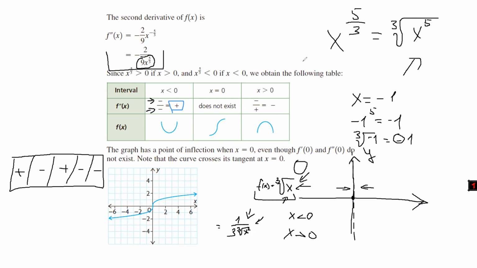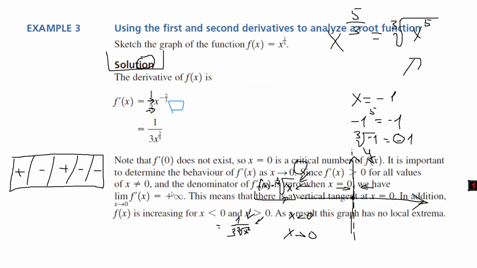And secondly, we also can see what limit we have as we approach 0. In this particular example, we can see that the limit as we approach 0 is positive infinity from both directions.